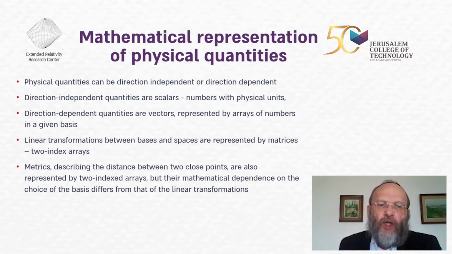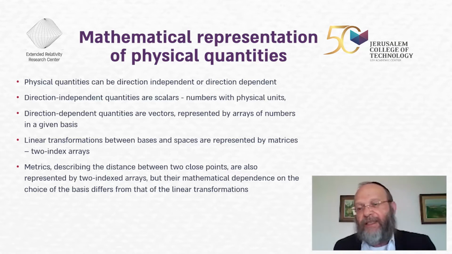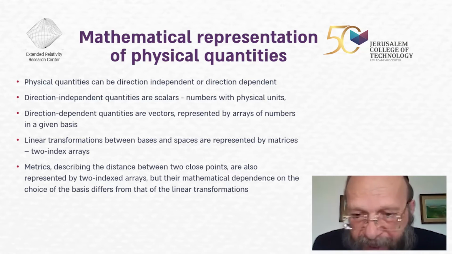We'll have to talk about metrics, since we'll have to consider spaces which are not flat. For instance, consider the problem which was treated in science for thousands of years: how to use a map to define distance from the map to reality. When you translate distances from map to reality, it's not simply multiplying by a number.